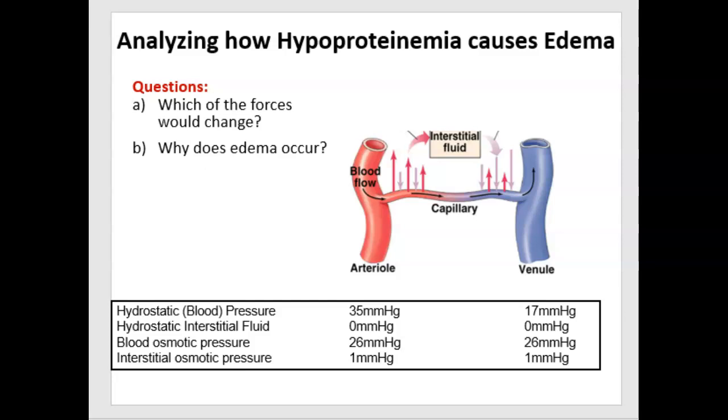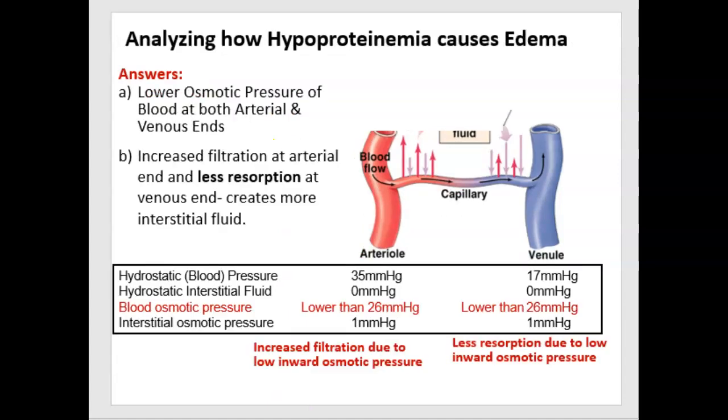What changes is that there's a lower osmotic pressure in the blood at both the arterial and the venous ends. So before we had a blood osmotic pressure of 26, and now that's going to be lower in both the arterial end as well as in the venous end.